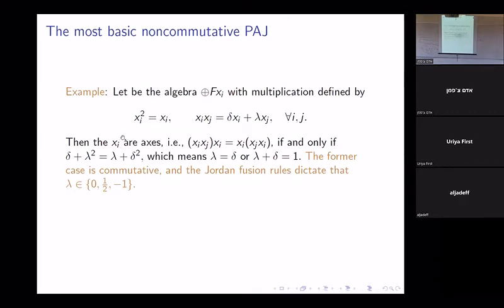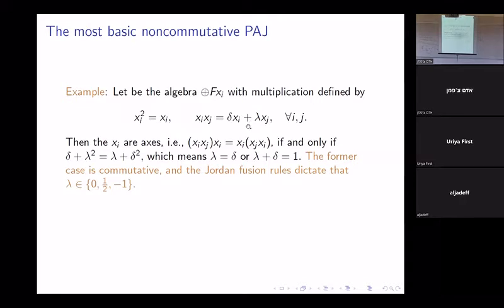Okay, so let's look at an example. We look at the sum of axes where any 2 axes multiply in this way and generate a 2-generated algebra, and that is the axial algebra.